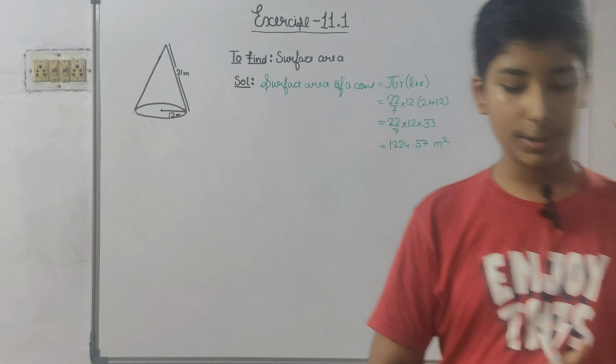Now proceeding to the third question. Here it is given that the CSA of this cone is 308 centimeter square. Also given that its slant height, L, is 14 centimeters. We have to find firstly the radius, and secondly the total surface area.